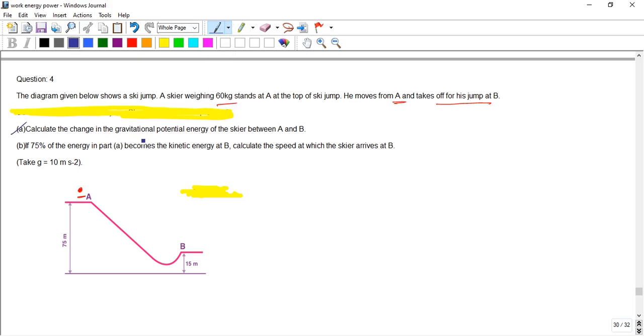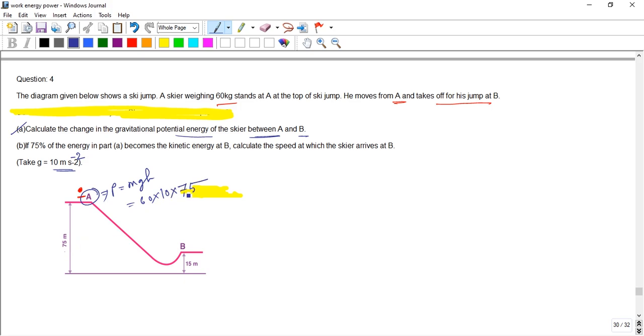Calculate the change in gravitational potential energy of the skier between A and B. At point A, the potential energy is mgh, the basic gravitational potential energy formula. The m is 60 kg, g is given as 10 meters per second squared, and here h is 75.